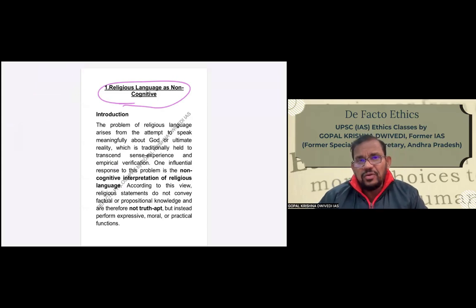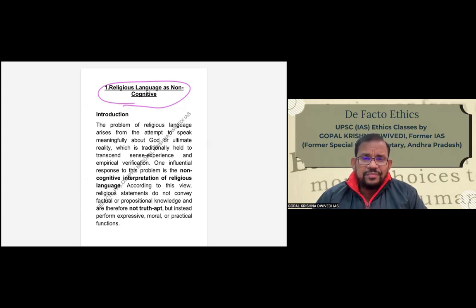In the last class, I told you there are two views, cognitive and non-cognitive, but most of the theories lean towards the non-cognitive view. Why does this problem arise? Because religious language talks about God, soul, and other experiences or substances which you cannot verify through the senses, logic, or any other way.